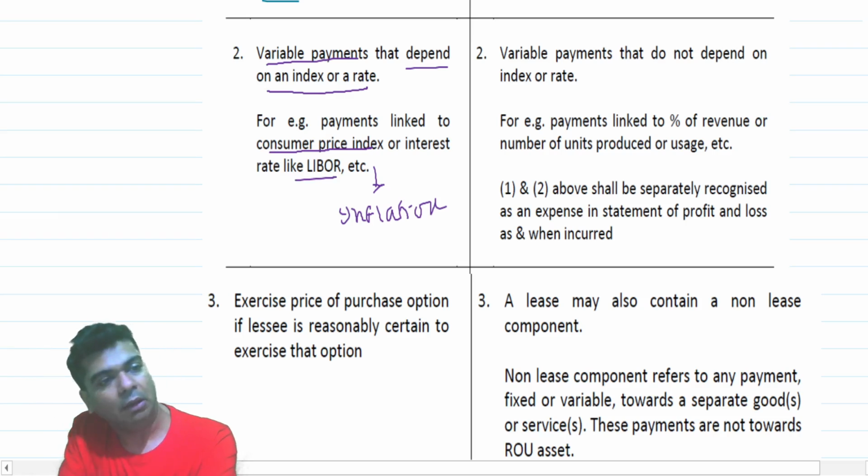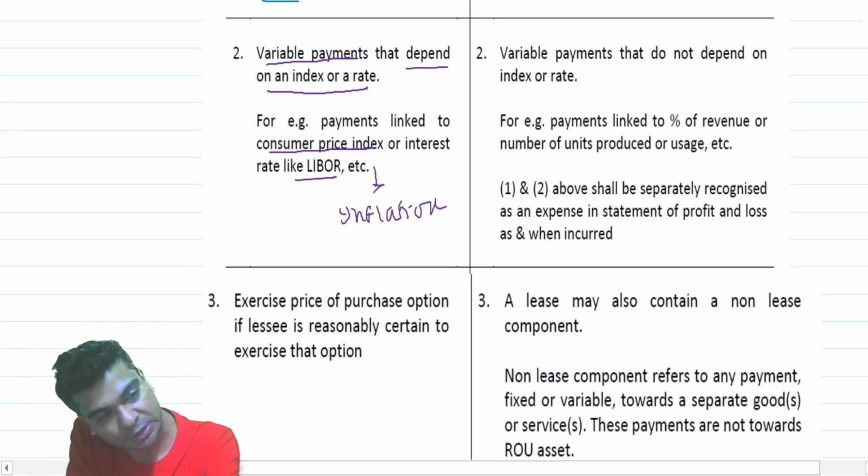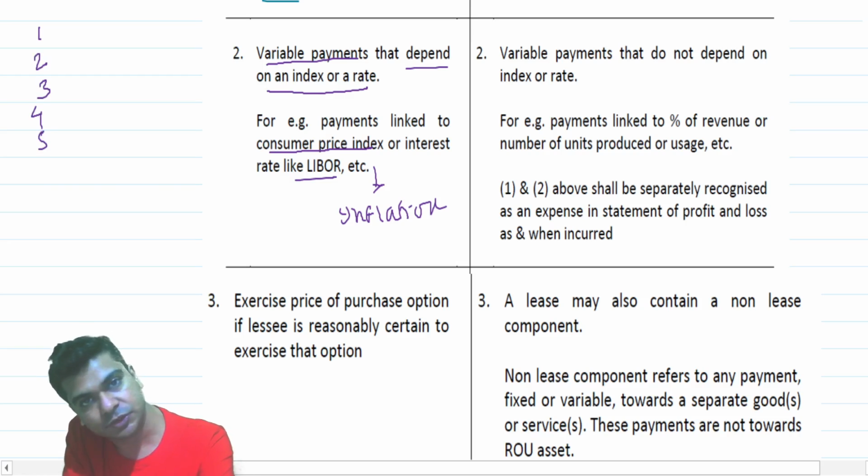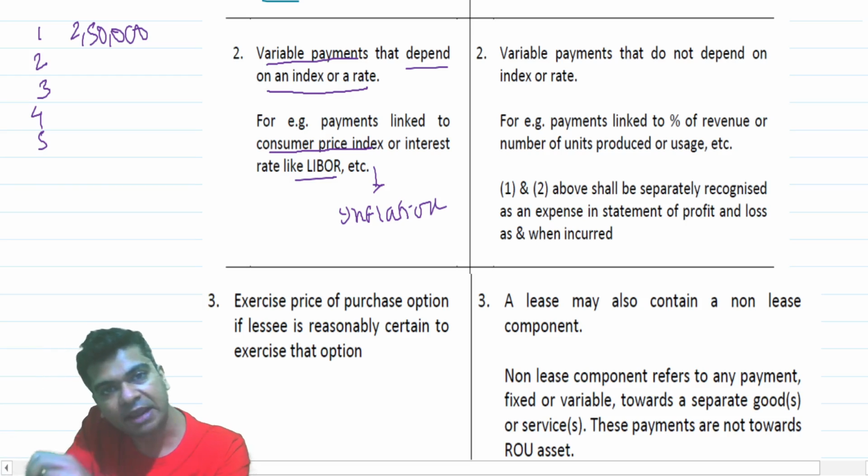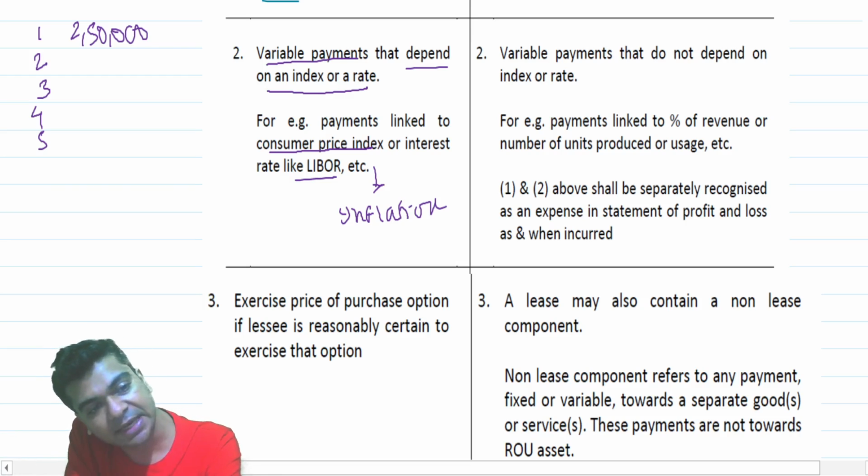For example, let us say this time also we have entered into a lease agreement, let us say for 5 years. Then the lease agreement says that in the first year you will pay a lease rent of 2,50,000. And then it says that every year the lease rent will increase by the rate of inflation.